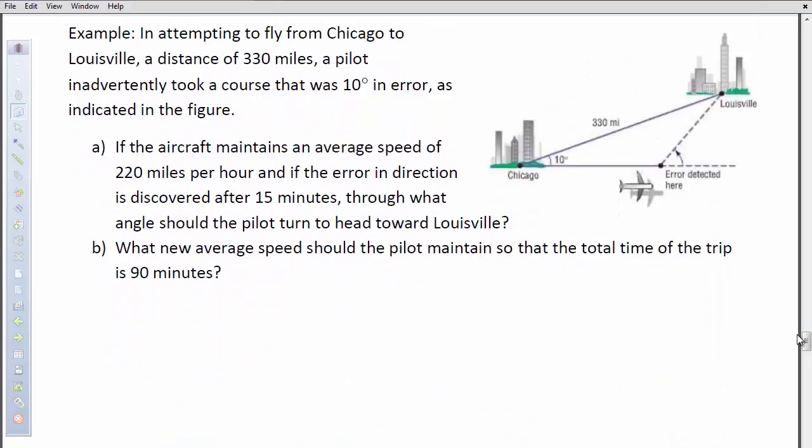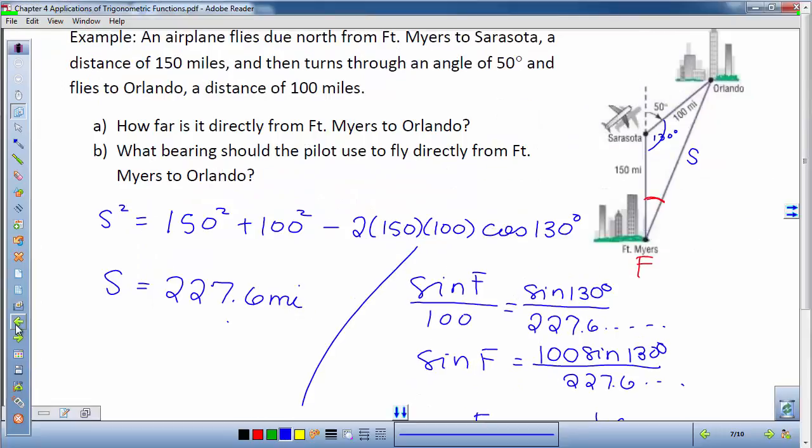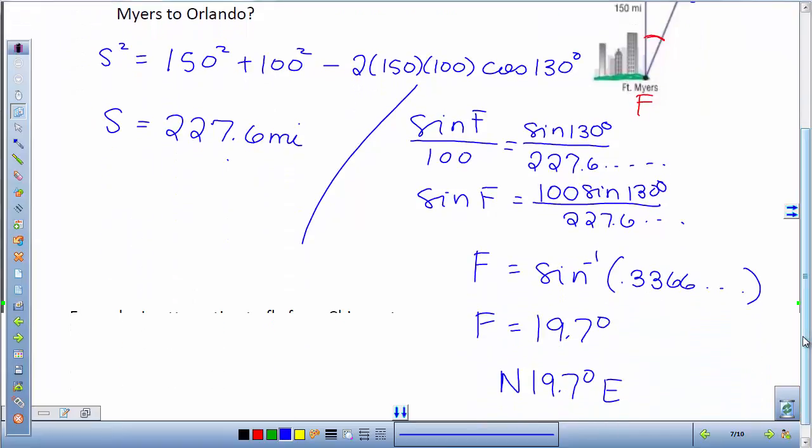Remember, we said the heading was measured from the north clockwise. So it'd be just a little minor adjustment. In this case, it would just be the angle, 19.7 degrees. It's not always the same thing. But from the north clockwise would still be 19.7 degrees, if it said heading. This is a bearing.